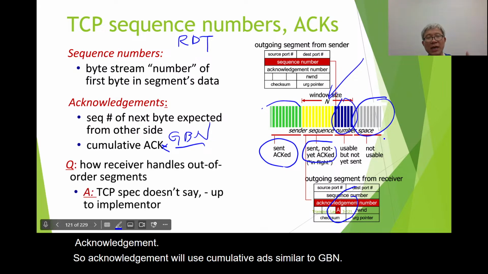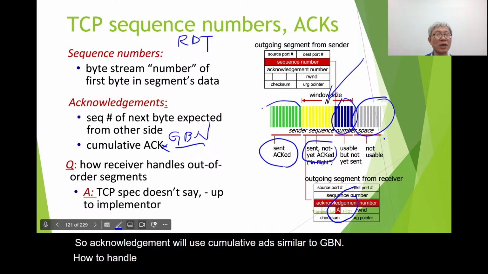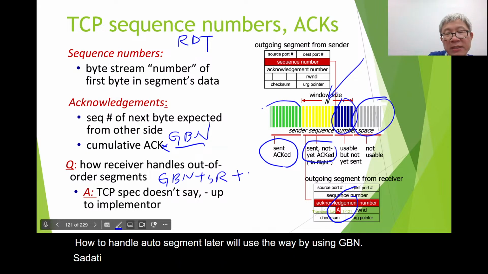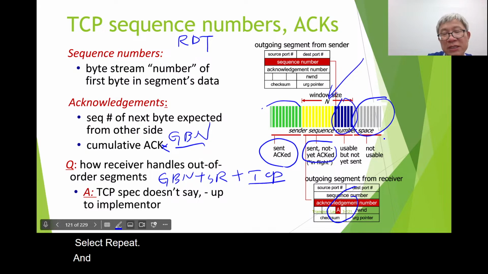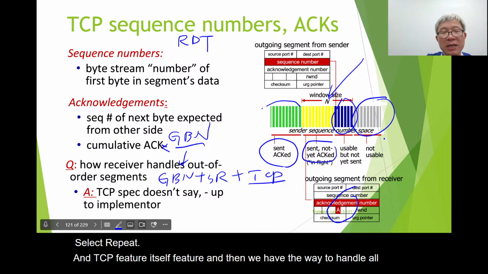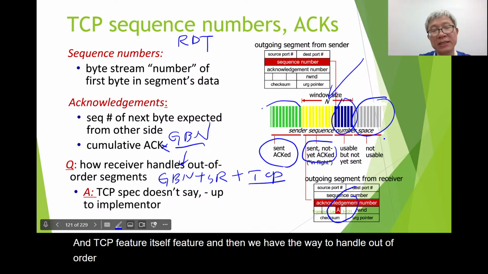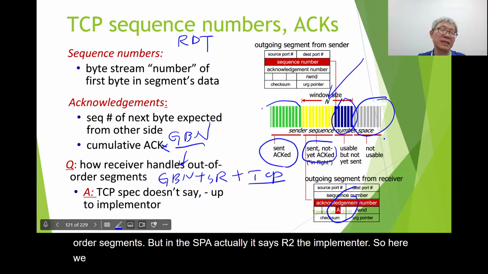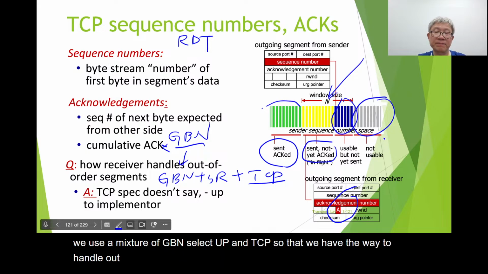How to handle out-of-order segments? In the spec it actually says it is up to the implementer. So here we use a mixture of GBN, selective repeat, and TCP features so that we have a way to handle out-of-order segments.